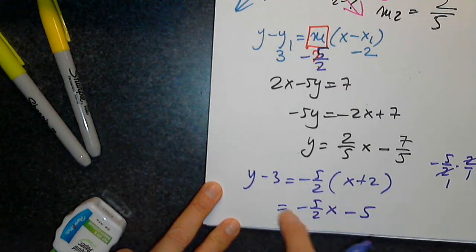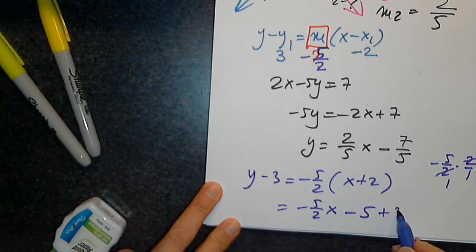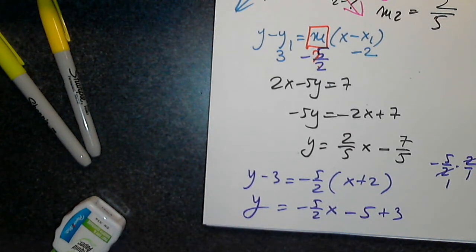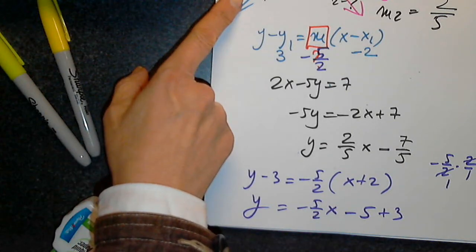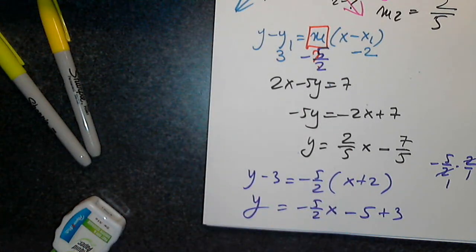So minus 5, but I have to bring a positive 3. So what will be the equation of the line passing through negative 2, 3 and perpendicular to the given line? That's it. Any questions for me?